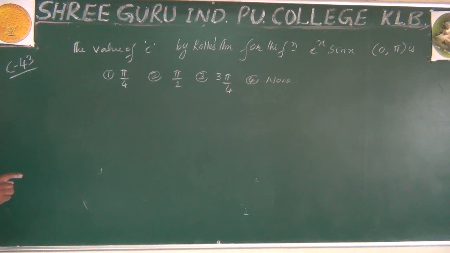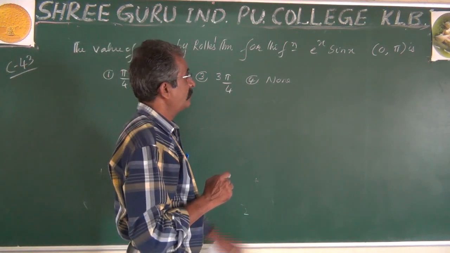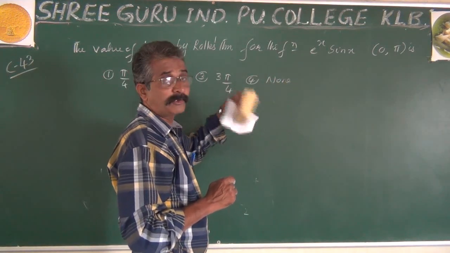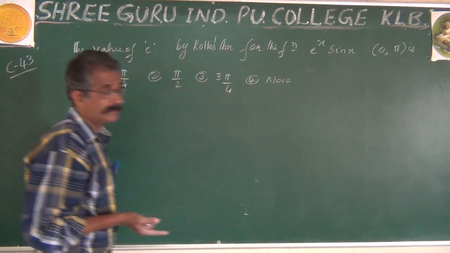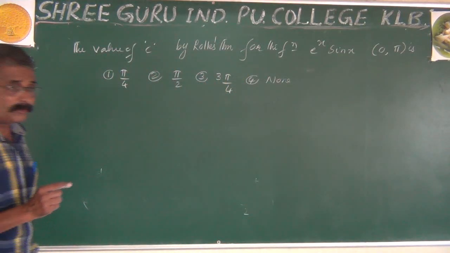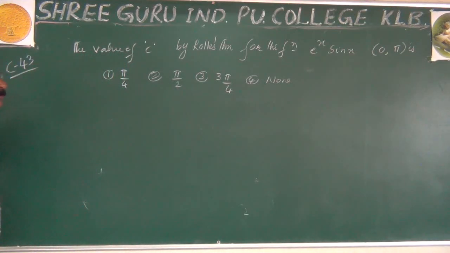Bear in mind, you are answering an MCQ examination question, not a theoretical one. If it is a theoretical one, you have to get f of a, f of b, then f dash x, etc. But all those things are not required. Directly we shall get f dash of x. In Rolle's theorem, f dash of c equal to 0.